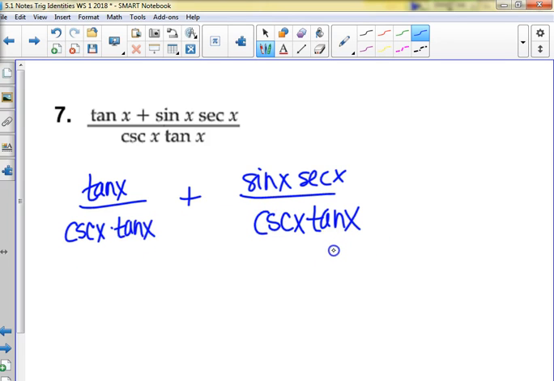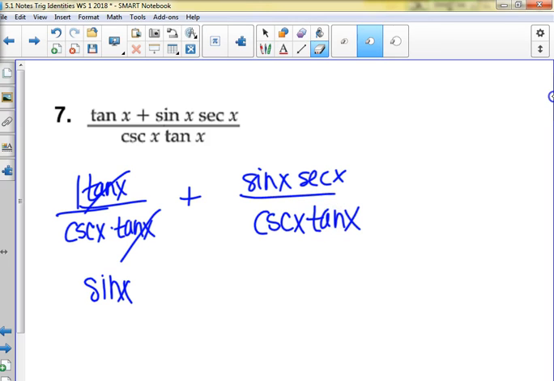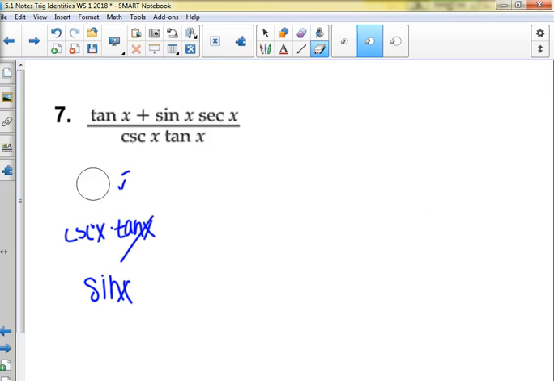Sometimes that's a good idea. Because like this would cancel. I had 1 over cosecant, which is what? The same as the reciprocal of cosecant. But is that going to get me any? That's a hot mess over there, right? So I'm not sure that that's a good plan here. But I do want to mention that you can break things apart when you have a common denominator.